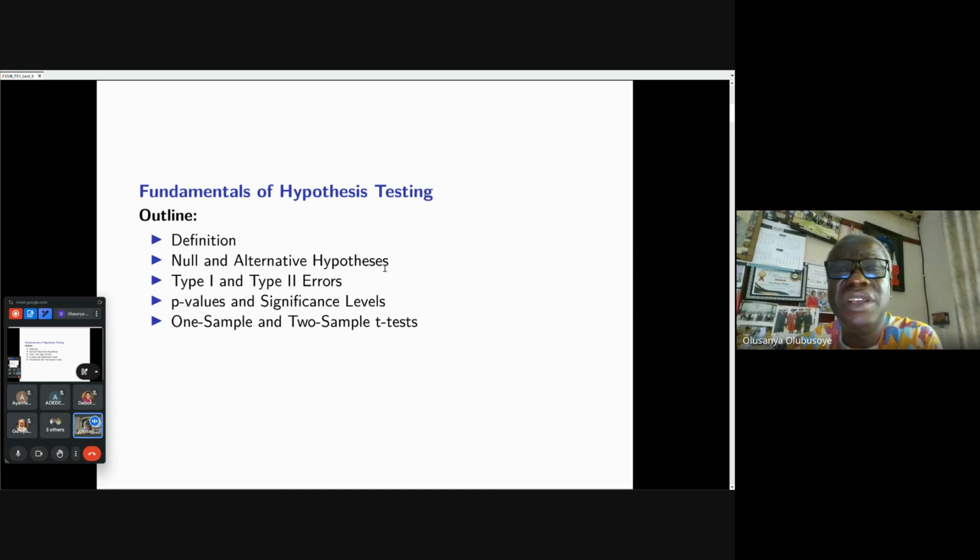We will now see two types of errors that can be committed. Sometimes our decision to reject may end up rejecting a correct hypothesis. That will be an error, because our interest is to accept a correct hypothesis.